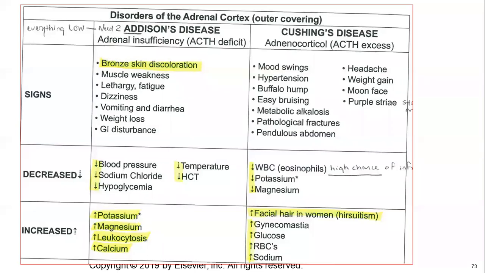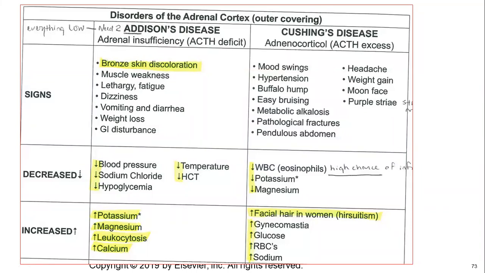Something more, I wrote it here, gathered here. I said Addison, D, you see, underline the D, down. Cushing, up. So it is called adrenal insufficiency, inadequacy.